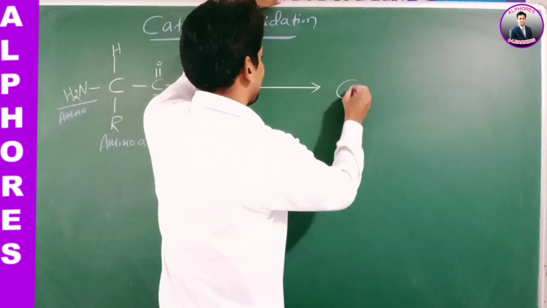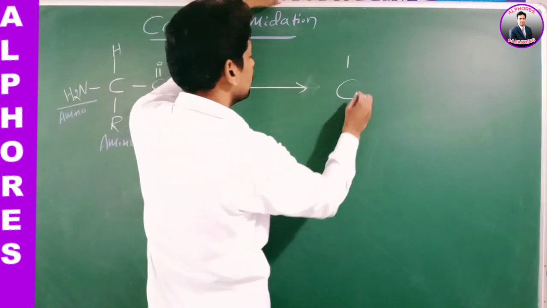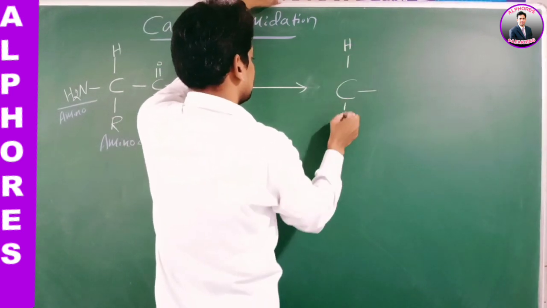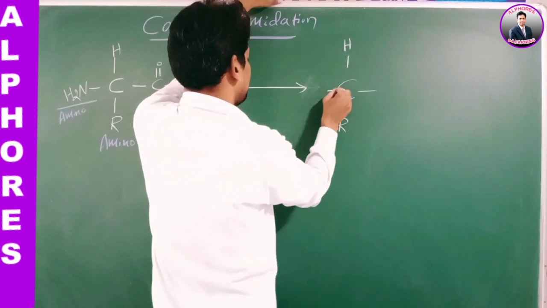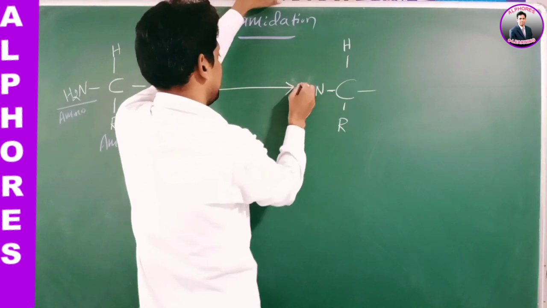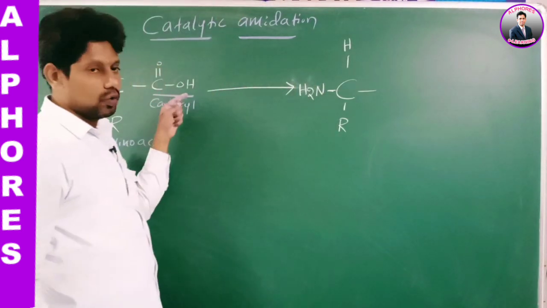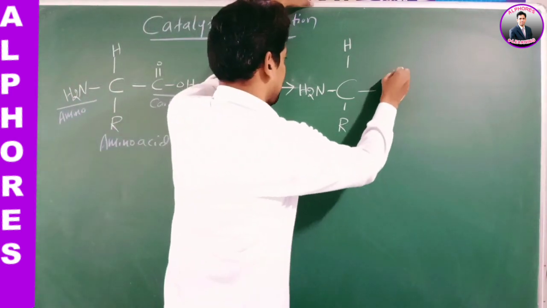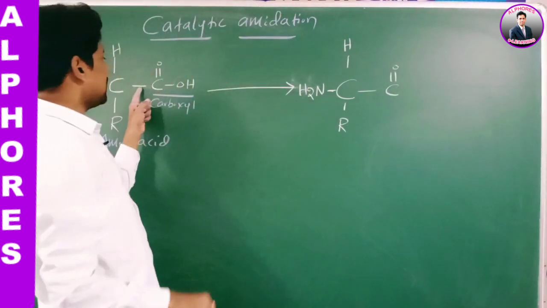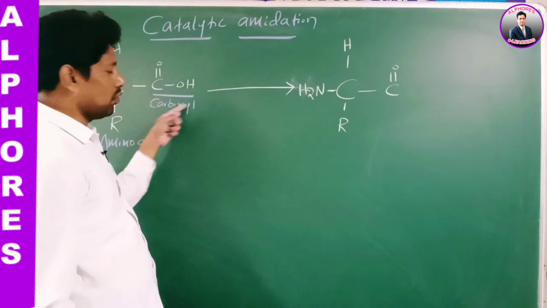See this diagram once, see this structure once. H, R, here what should it be? NH2, right? Then COOH, right? C double bond O. OH, nothing but the hydroxyl group of COOH.